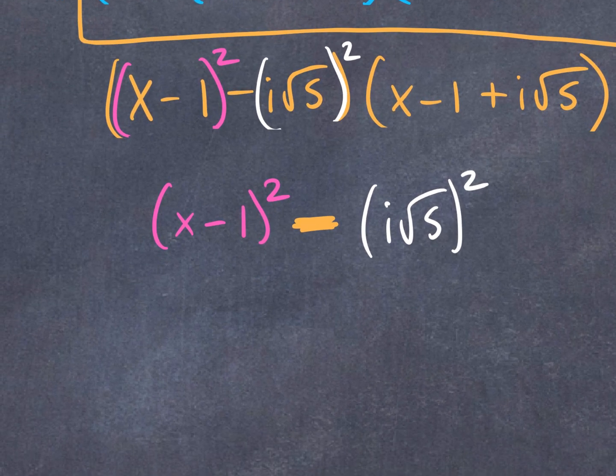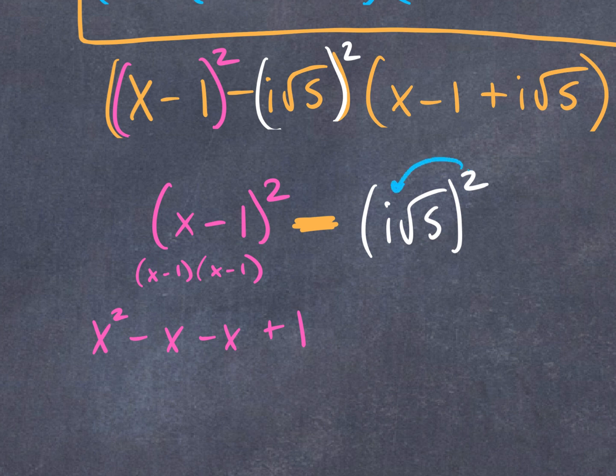All right, so I have x minus 1 squared. What should I do there? We can write it twice and FOIL it out, so we get x squared. Perfect. Now, how would I do i square root 5 squared?